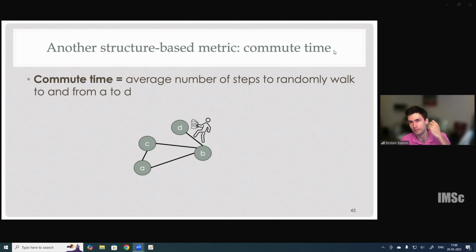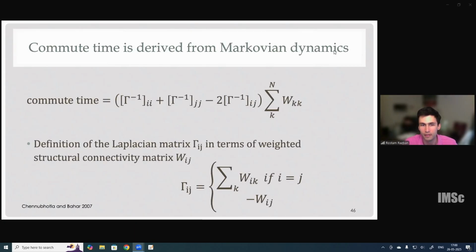But we would capture all possible walks, not just the shortest path or one instance, but on average, if the drunkard did this over and over again, what would the commute time be? And it has a closed form solution, amazingly, in terms of this graph matrix called the Laplacian. And it's the pseudo inverse of this Laplacian that gives you exactly this diffusion process.